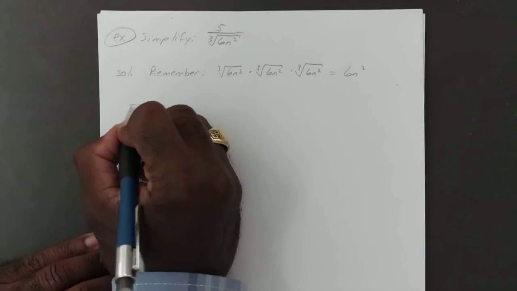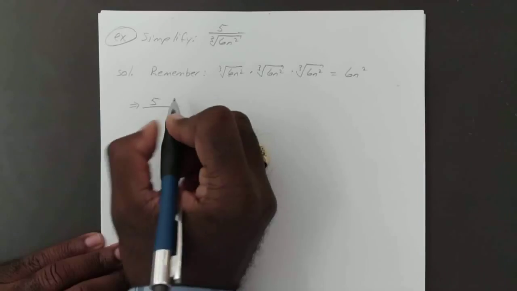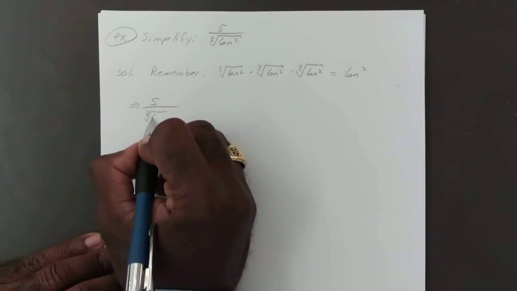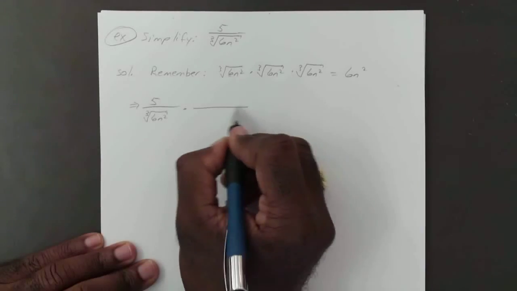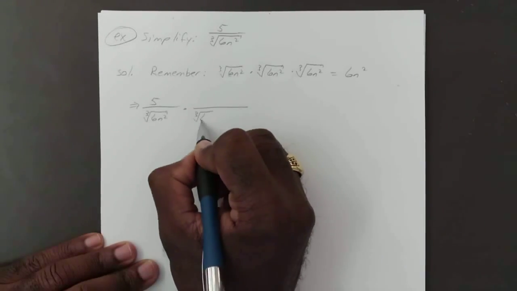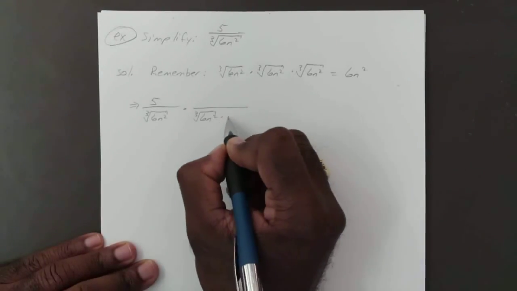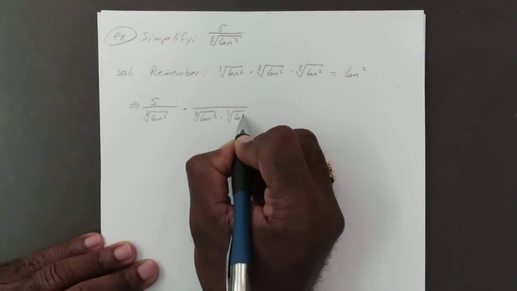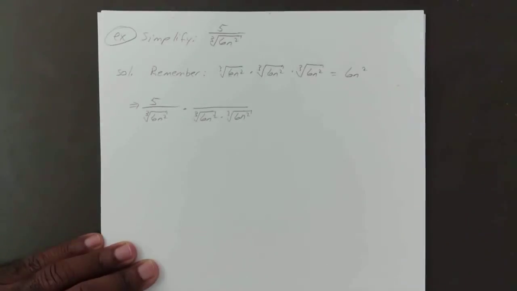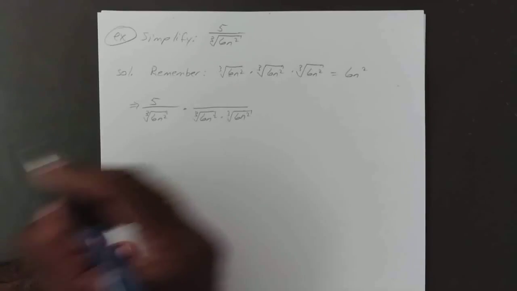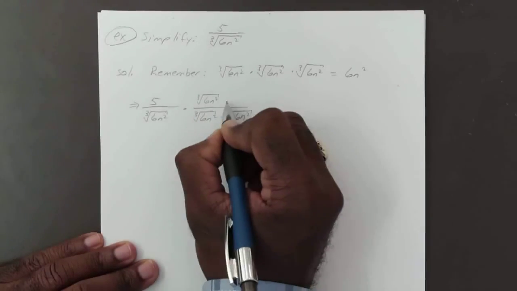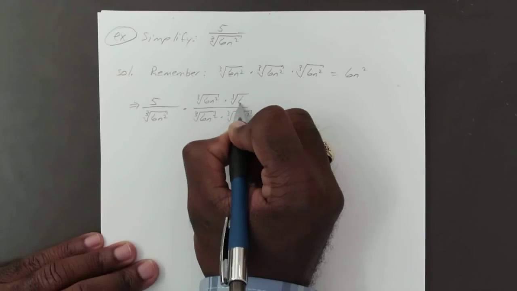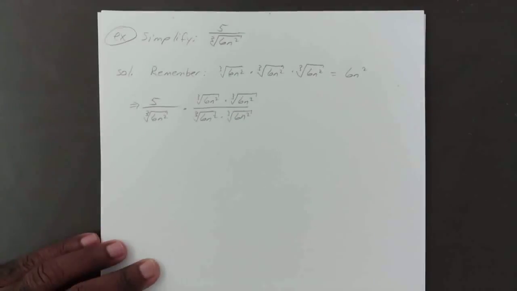Okay, so you have 5 over the cube root of 6n squared times cube root of 6n squared times the cube root of 6n squared. Got to do the same thing to the numerator, times the cube root of 6n squared times the cube root of 6n squared.